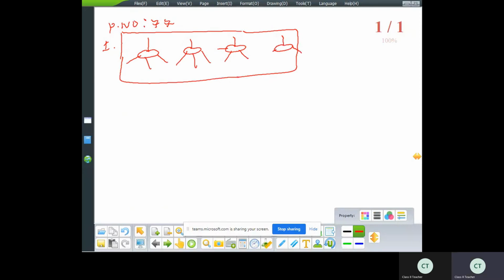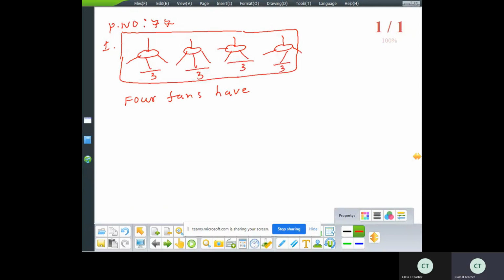And fourth fan, 3 wings. Here number of fans are 4. 4 fans have, each fan has 3 wings. Here 3 wings. Here also 3 wings.